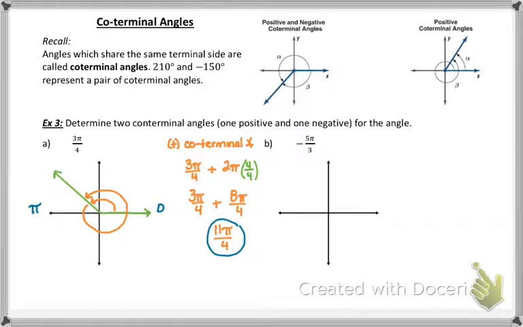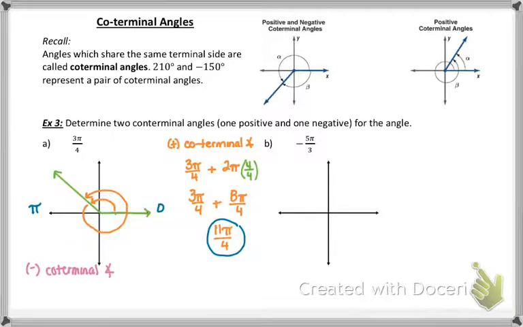And then for the negative coterminal angle, all we have to do is go one circle the other way. So instead of adding a full circle, I'm going to subtract a full circle. I know that I'm going to go in the negative direction. So this right here will bring me to that angle, and I'm going to go one full circle back.